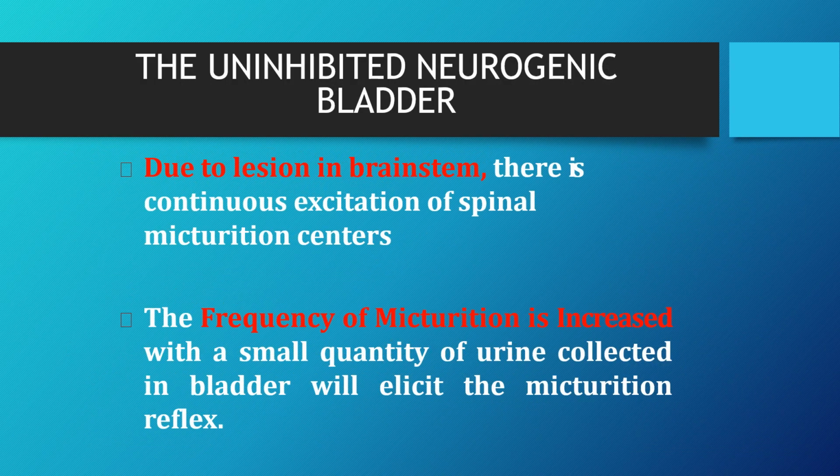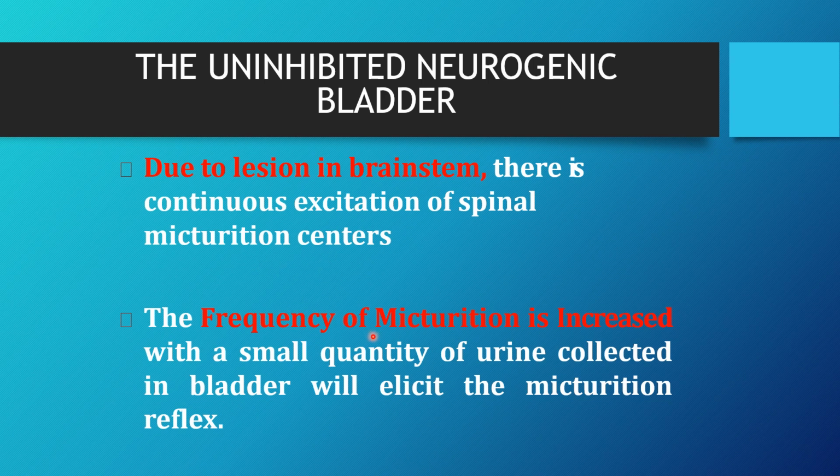And then uninhibited neurogenic bladder is due to a lesion in the brainstem. There will be continuous excitation of the spinal or sacral micturition centers, so the frequency of micturition is increased. The brainstem keeps them continuously inhibited, but when there is a lesion in the brainstem, that inhibition is lost, so it continuously excites the micturition center.